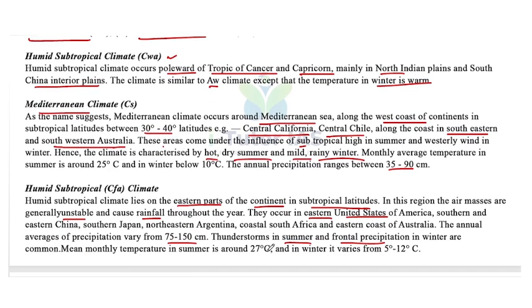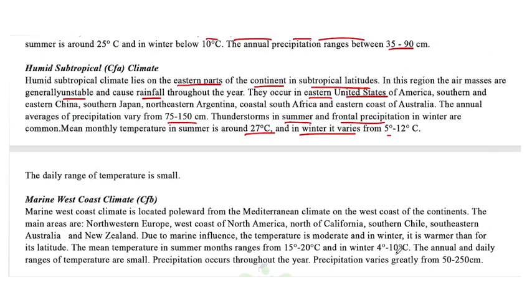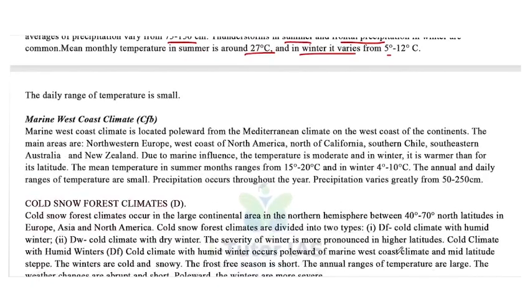Now, mean monthly temperature in summer is around 27 degrees Celsius and in winter it varies from 5 degrees to 12 degrees Celsius. So that is humid subtropical climate. And the daily range of temperature is small.